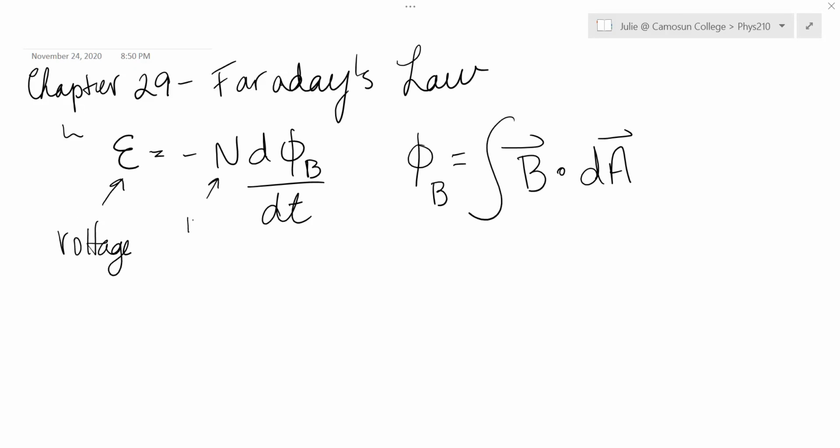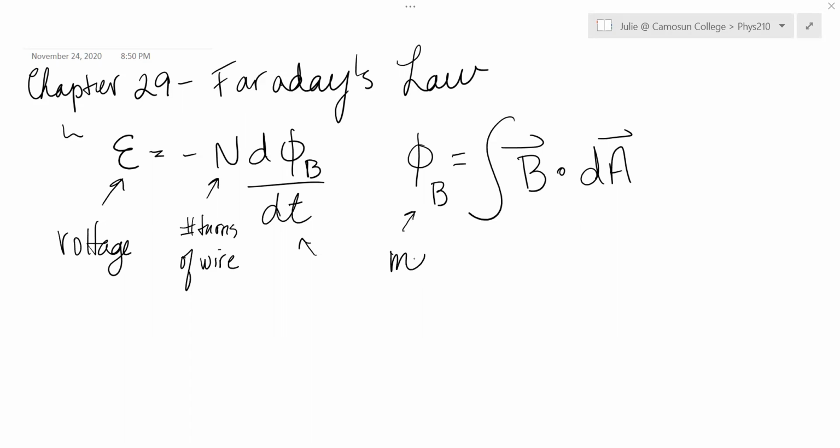N is the number of turns of the conductor in which you are inducing an electric field, which is going to cause this voltage. And then this, of course, is the time rate of change of magnetic flux.